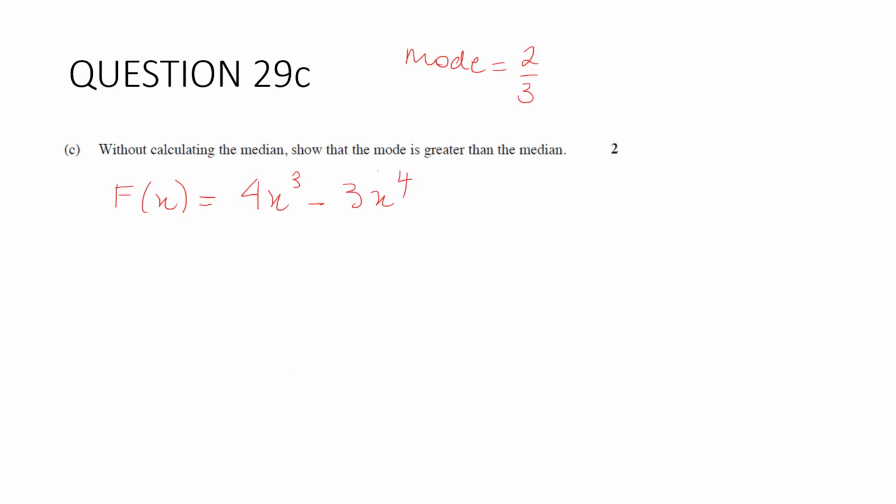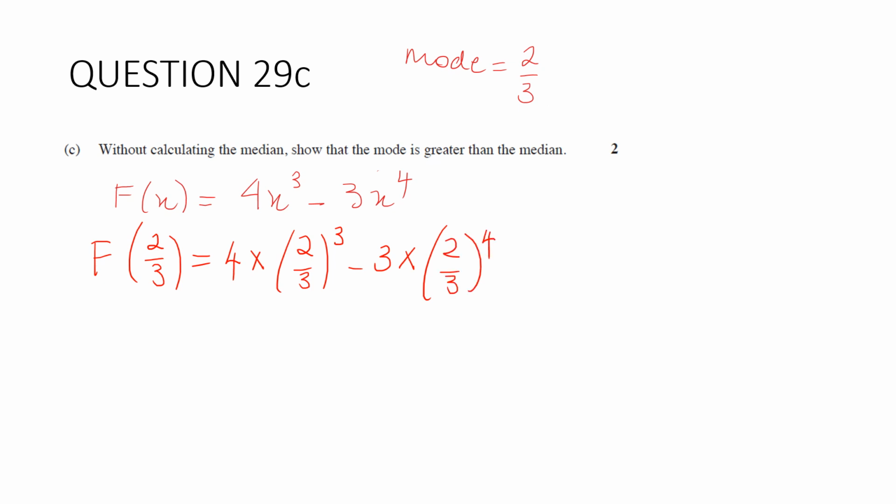29c, without calculating the median, show that the mode is greater than the median. All right, so we're going to use our cumulative distribution function and substitute in 2/3, which is 4 times 2/3 all cubed, take 3 times 2/3 to the power of 4, which is 0.59. So this is the probability that x is less than 2/3.